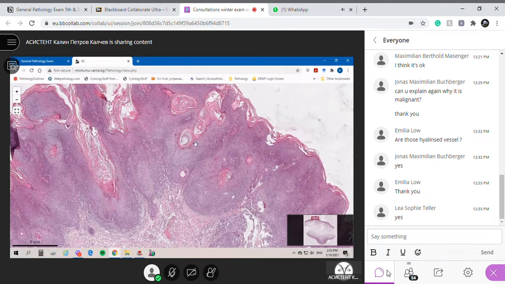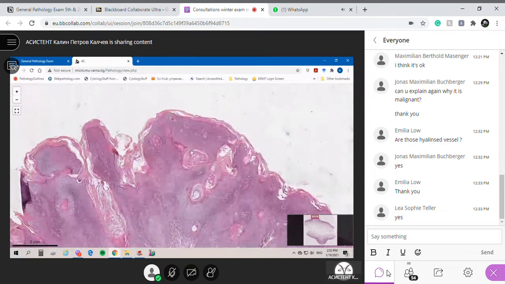Actually, you see that the cells are arranged in such nests where we have some keratin production in the middle of those nests. So there is some tissue atypia, but without nuclear and cellular atypia.